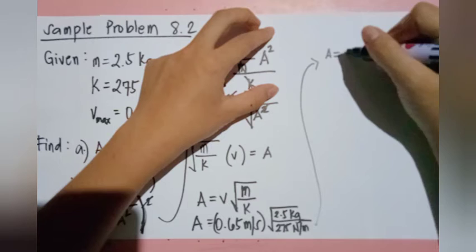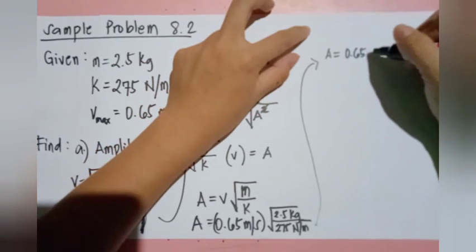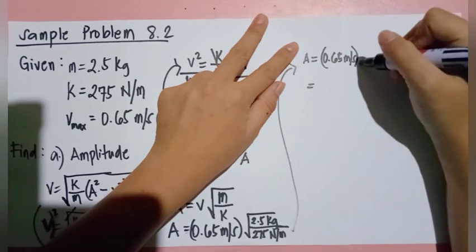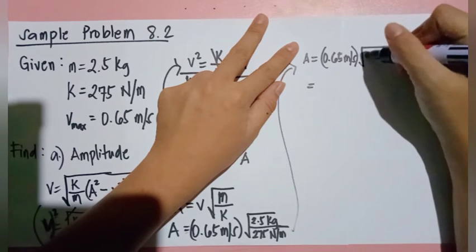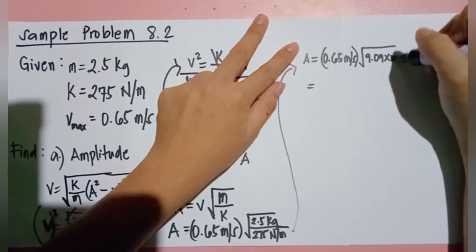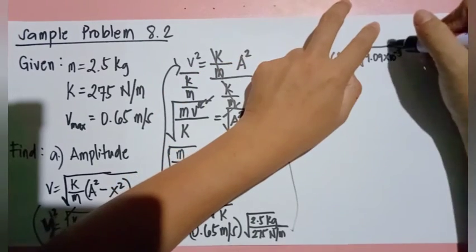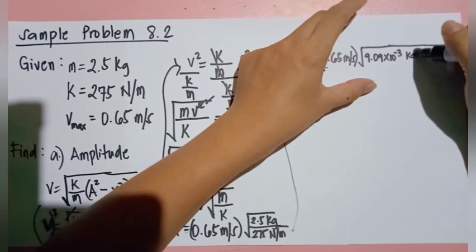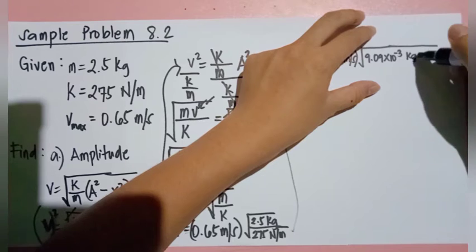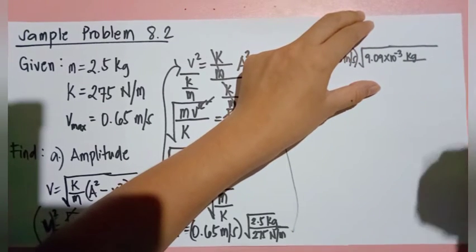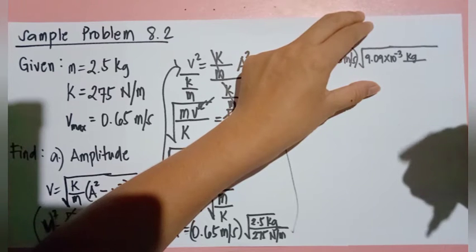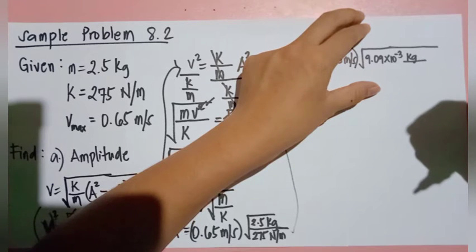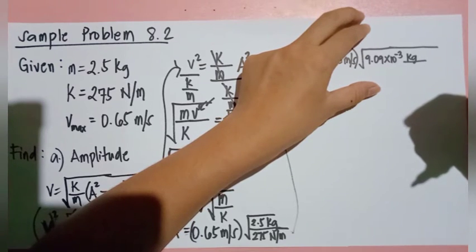A equals 0.65 meters per second times square root of 9.09 times 10 to the negative 3 kilogram over Newton per meter. So we will break down directly the unit Newton, that is the product of mass and acceleration.